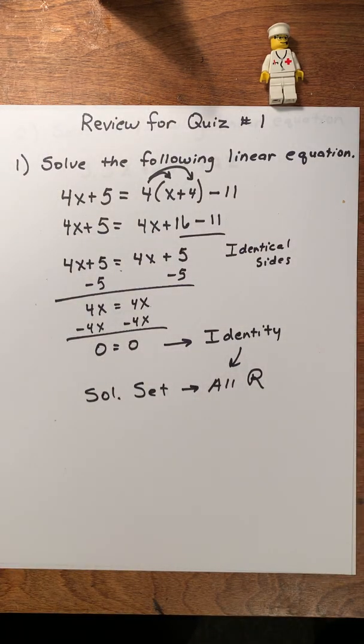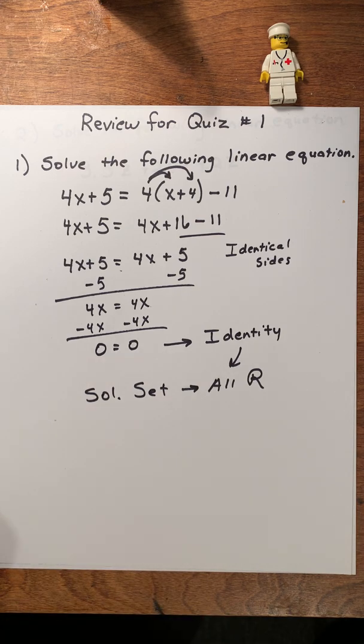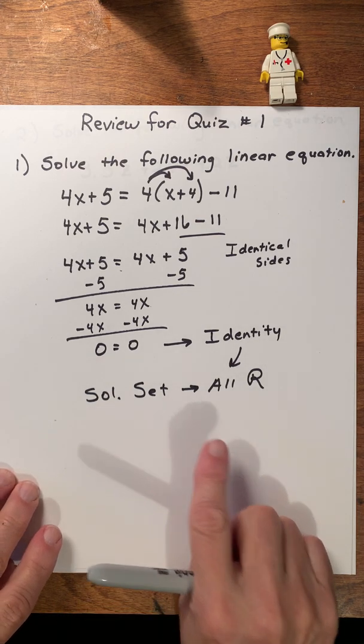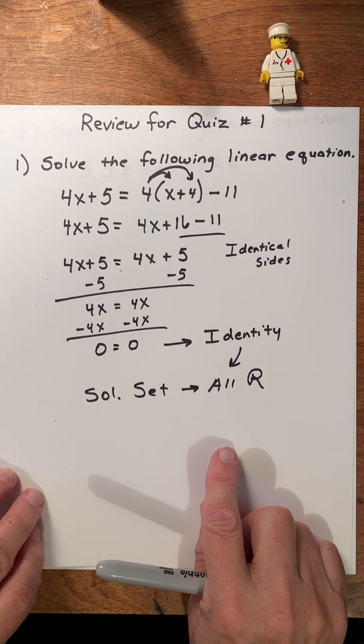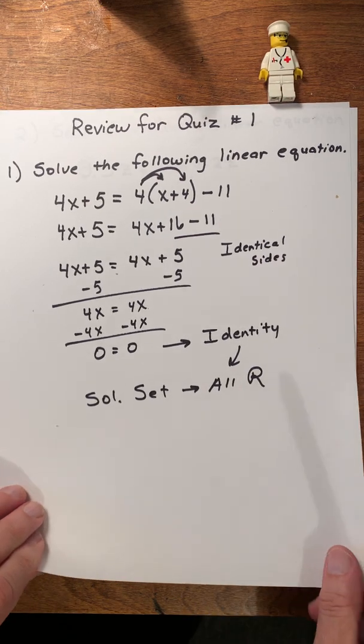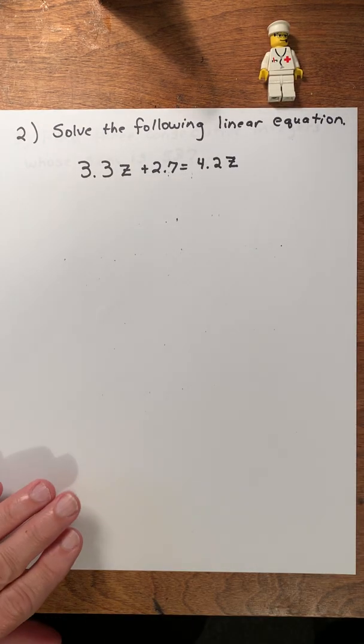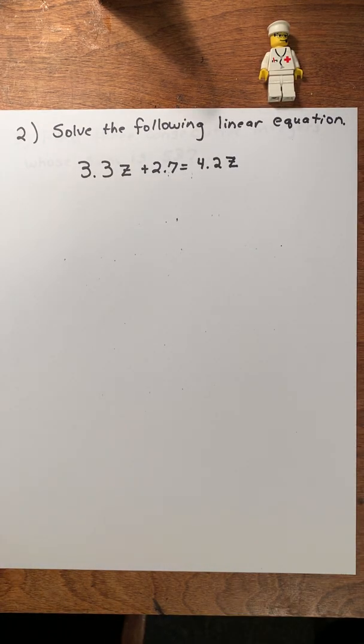So when you answer this question on Hawks, you're going to choose the option that there are an infinite number of solutions, or that the solution set is all real numbers. Easy enough.